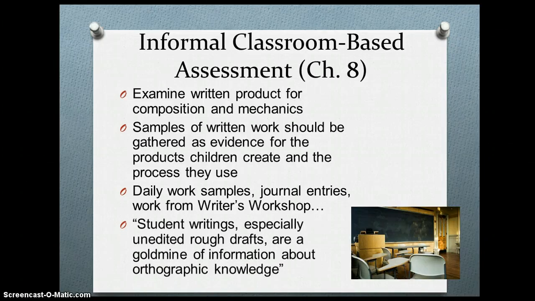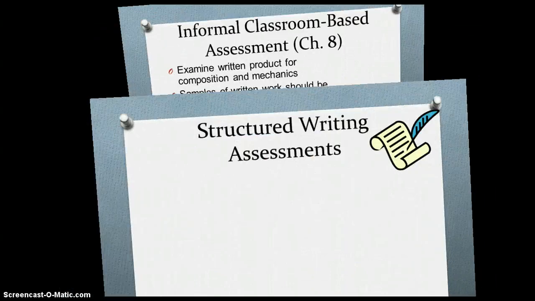This is a quote from chapter 8, which is informal assessment: "Student writings, especially unedited rough drafts, are a gold mine of information about orthographic knowledge." So see if you could get your hands on some of those rough drafts, because you can really see their initial attempt at writing some of these more complex words or how they go about doing that.